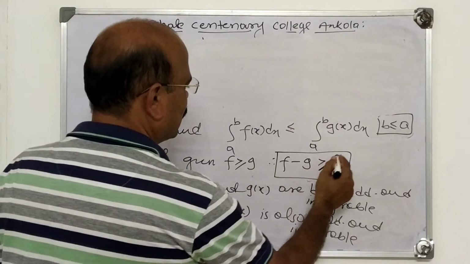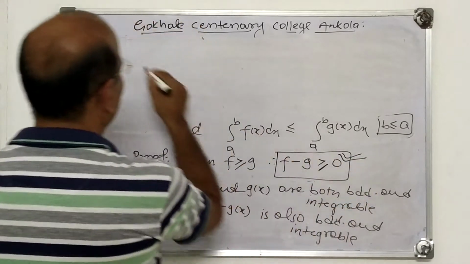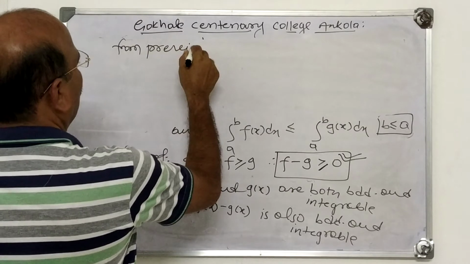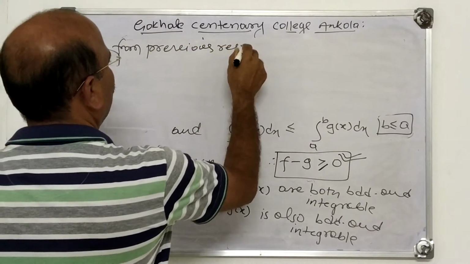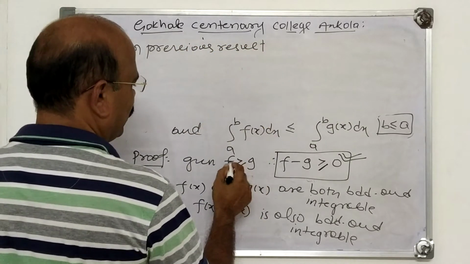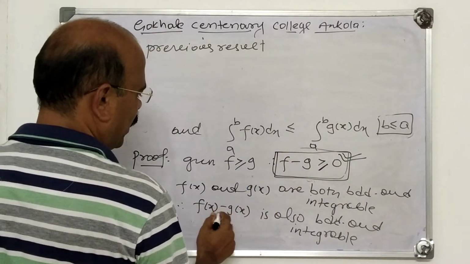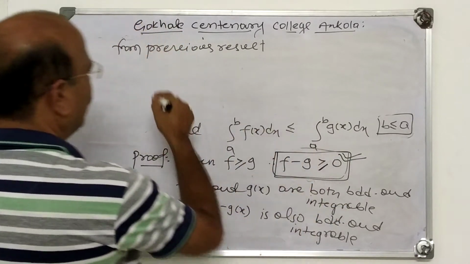f minus g is greater than or equal to 0. From the previous result, both conditions are satisfied here. f minus g is greater than or equal to 0 and f(x) minus g(x) is bounded and integrable.